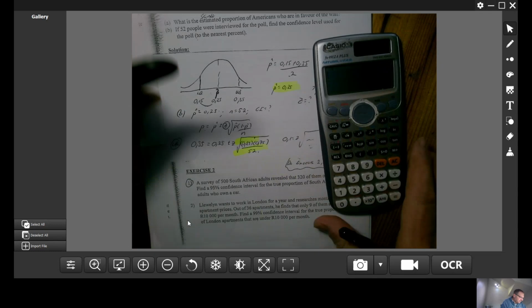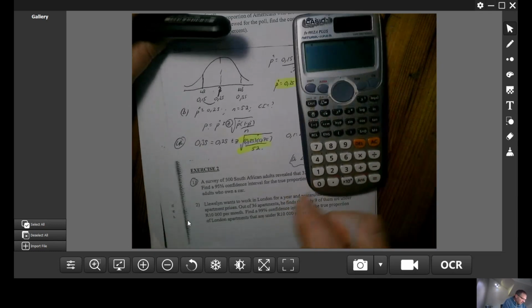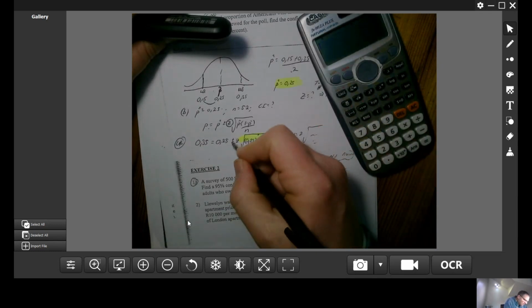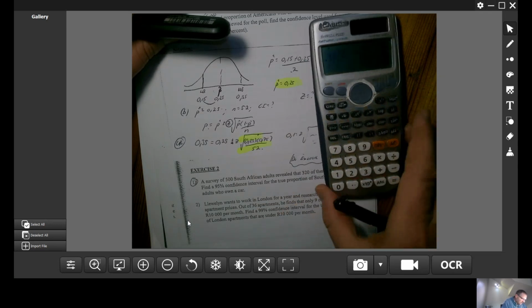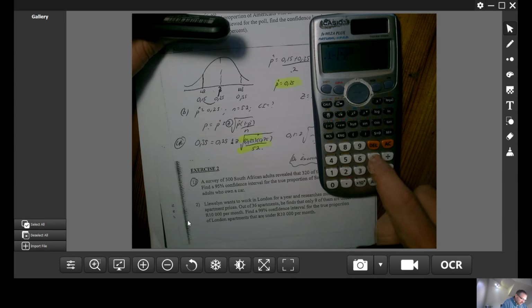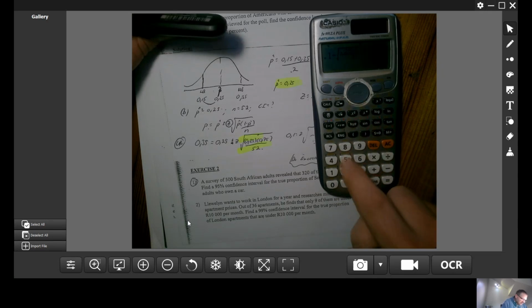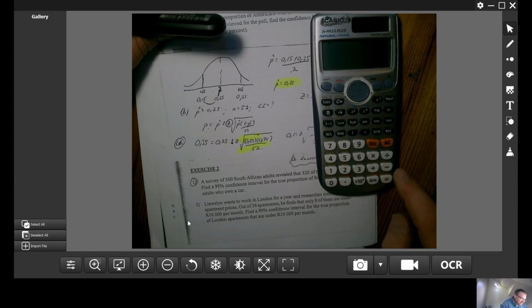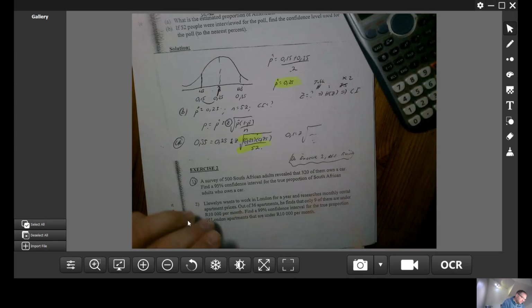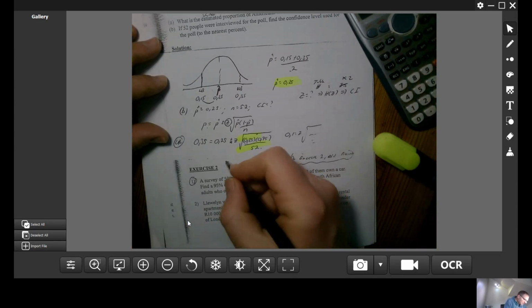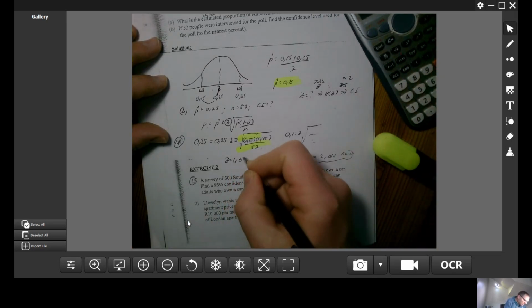You could use your solve button, but sorry, there shouldn't be a plus minus, it'll just be plus Z. So 0.1 divided by the square root of 0.25 times 0.75 all over a sample size of 52, and we get a Z score of about 1.67. Remember, Z scores are only given to 2 decimal places on the table.